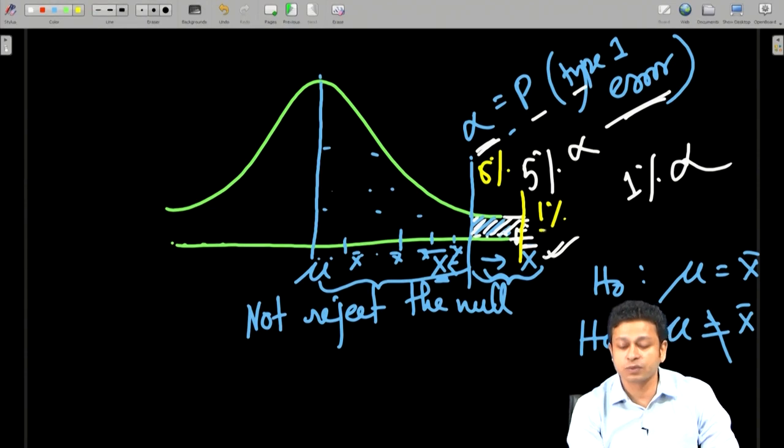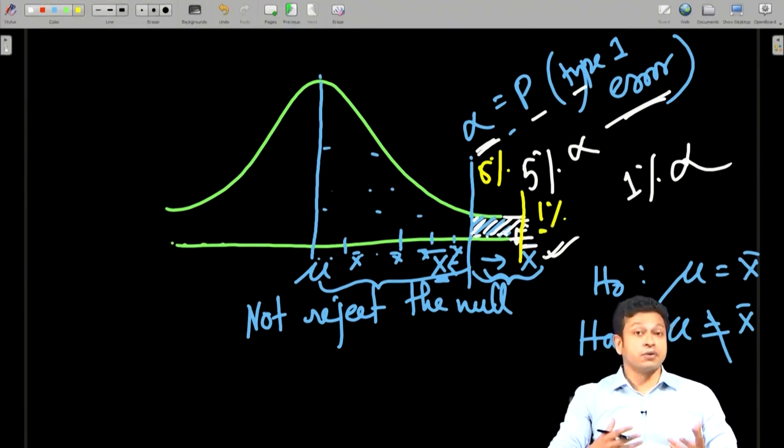That means if I have 1% alpha, I am really not tolerant towards type 1 error, and it depends from test to test or context to context, where you want to keep a 5% alpha and where a 1% alpha. Sometimes you really want to reduce type 1 error, sometimes you may want to reduce type 2 error. Depending on the context we decide this alpha value.